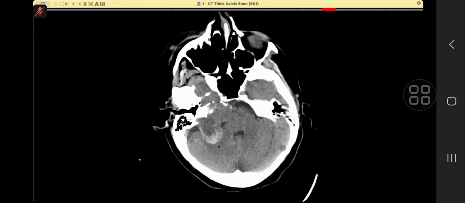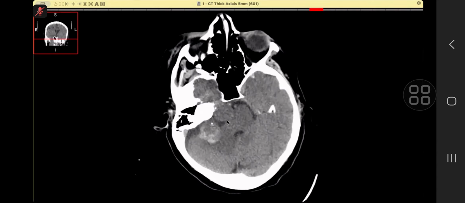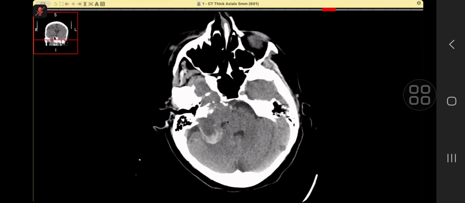Also, again, going down, there is another lesion involving the region of the right petrotemporal region, in the posterior cranial fossa, vestibule. There is also lesion extending into the petrous apex, and this is extra-axial.